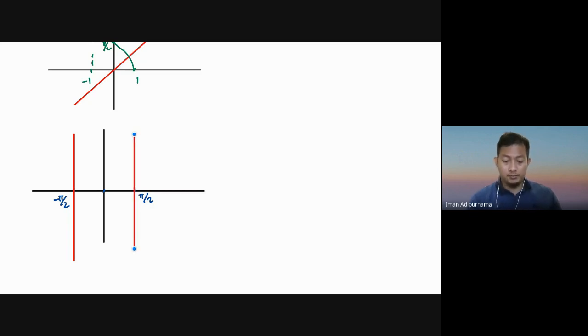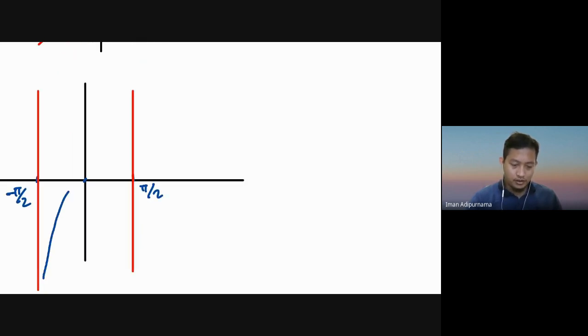Actually, there are a lot of asymptotes, but we are restricting only minus pi over 2 and pi over 2. Okay. So from here, going up, we are around there, and then going there. Okay. Yeah, more or less tangent x. From minus pi over 2 until pi over 2. Not equal, sorry, because it is having an asymptote.